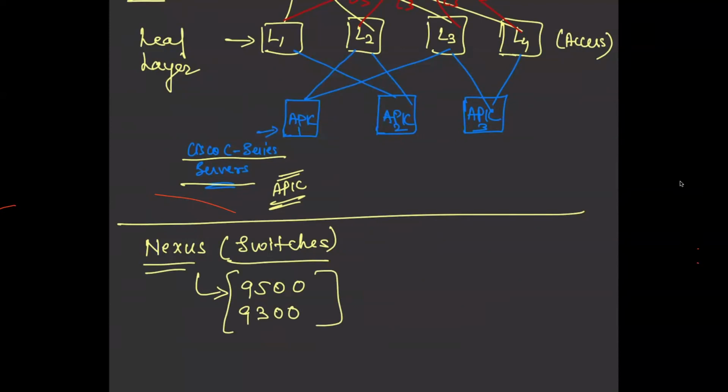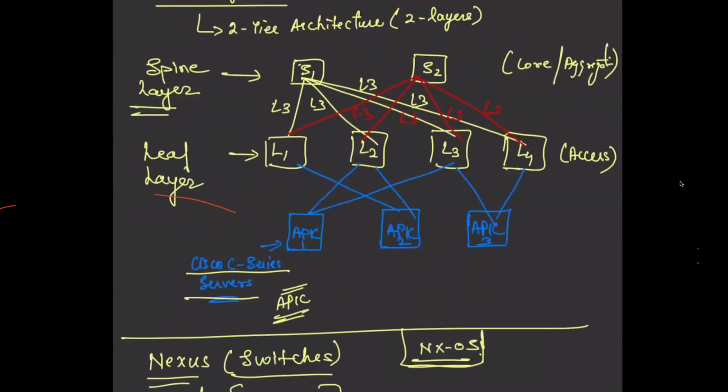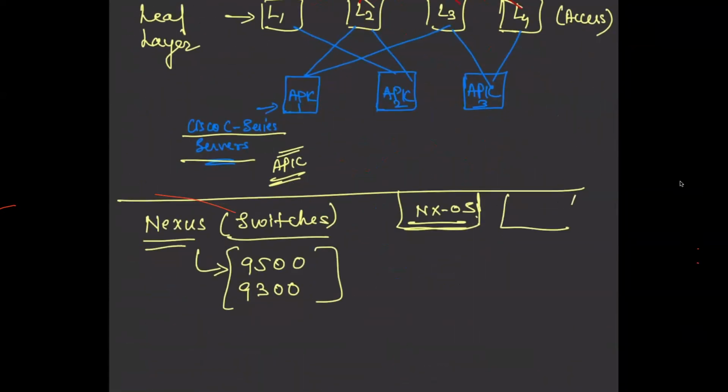There are two OS: NX-OS, which runs on Nexus devices, and for running ACI on the devices you have ACI OS, which is different from the Nexus OS. Only these two series support both OS.